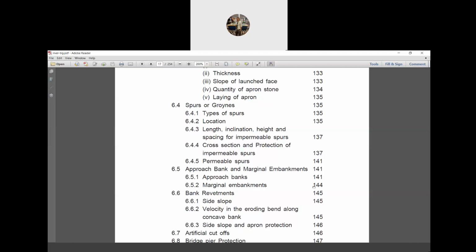In this PDF, you'll find the types of spurs, where you should provide them, what length you should provide, what is the inclination of the spurs, what is the height, what is the spacing between the two spurs, and you'll also see the cross section of the spurs, and the impermeable and permeable spurs. Please read this, and in the next class maybe I will explain again. If you have any problem, let me know. I'll explain this in detail.